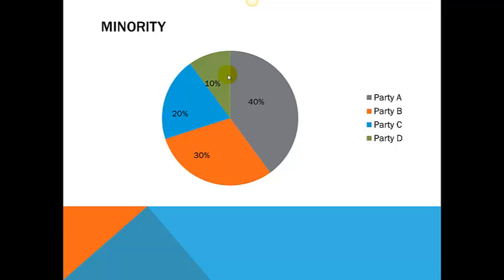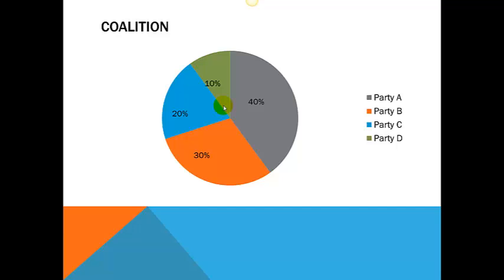In this case, Party A would form the government, but it would be called a minority government. Minority governments tend to be less stable because other parties can join together and block them. They also require much more cooperation between parties.